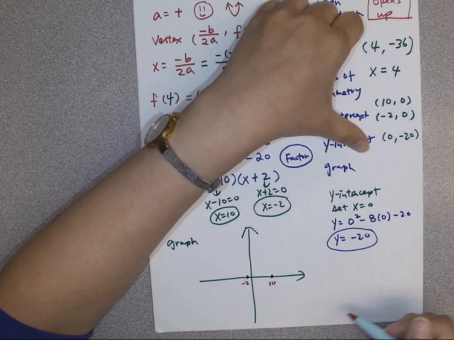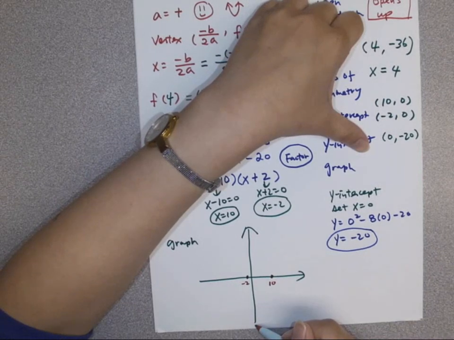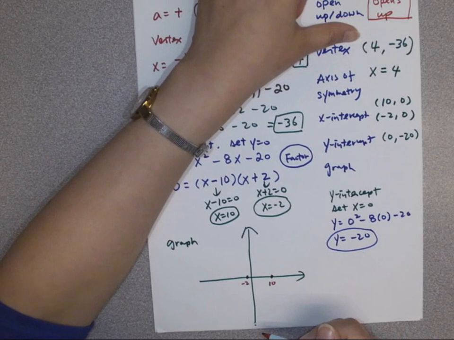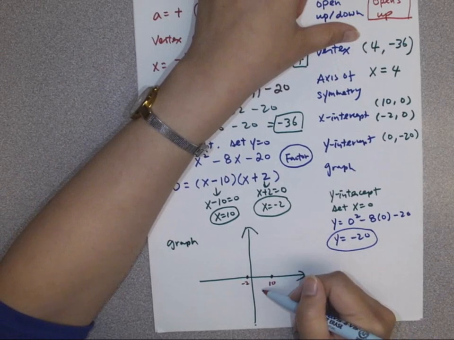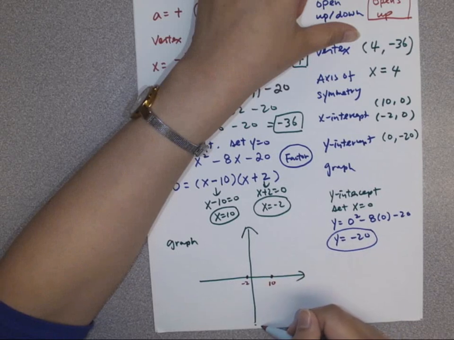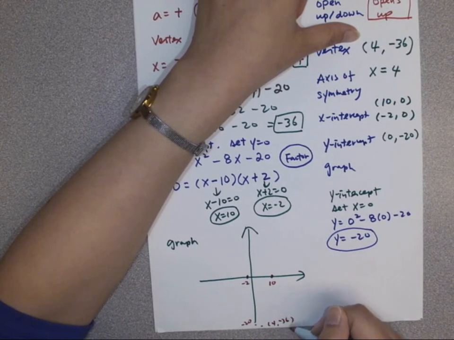And then the y-intercept is way out there, negative 20. And then the vertex is 4, so positive 4, and then negative 36, or even lower, right?